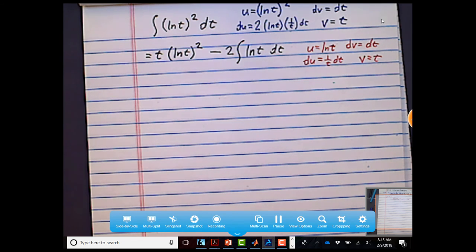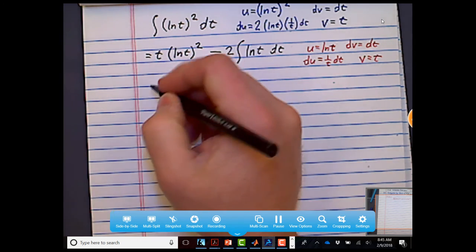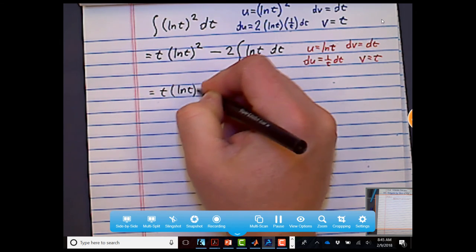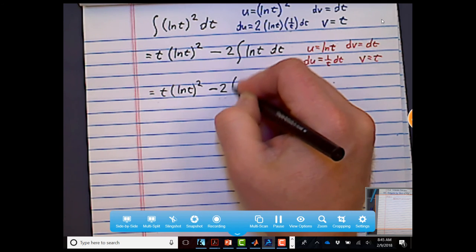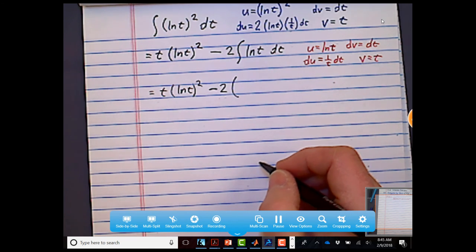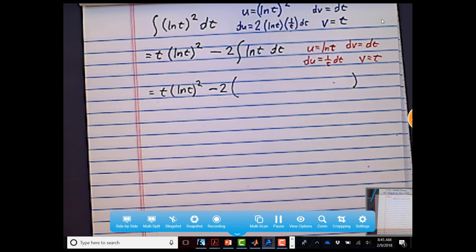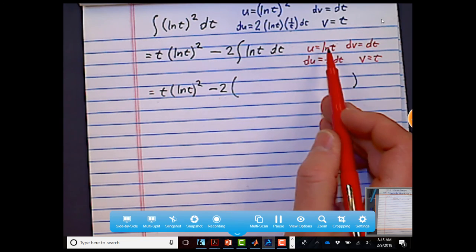All right. So here I go. I get t times the natural log of t squared minus 2 of somethings. So what goes in the parentheses? So we have natural log of t times t.